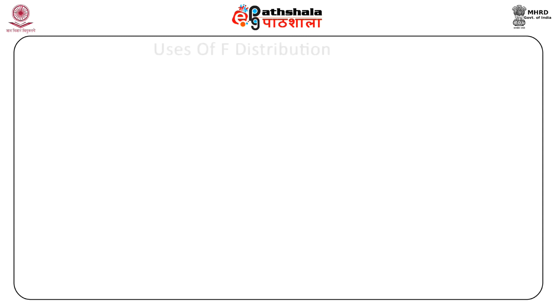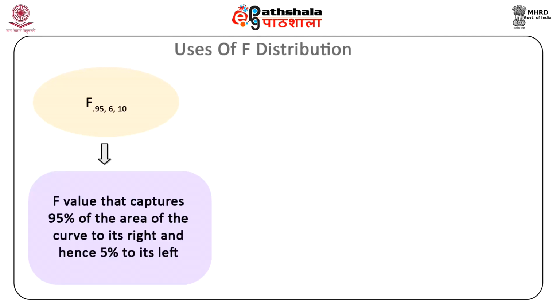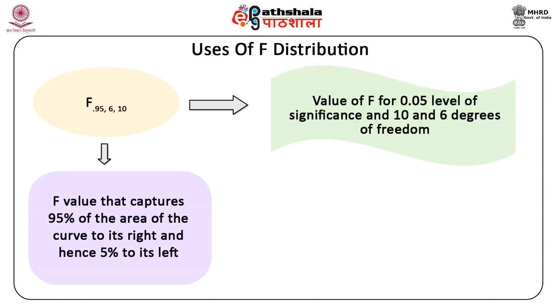Thus, in order to obtain the value of F of 0.95, 6, 10, the F value that captures 95% of the area of the curve to its right and hence 5% to its left, we can find the value of F for 0.05 level of significance and 10 and 6 degrees of freedom.